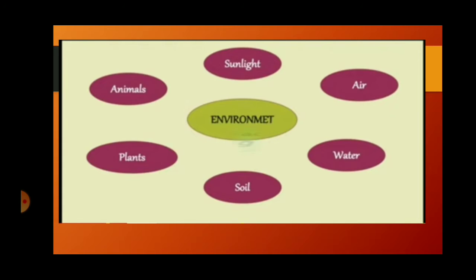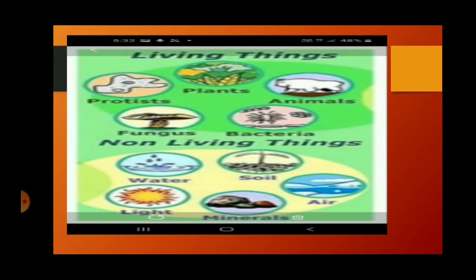See children, living and non-living things are dependent on each other. There is continuous interaction between these two. In environmental science, these interactions are studied in depth.